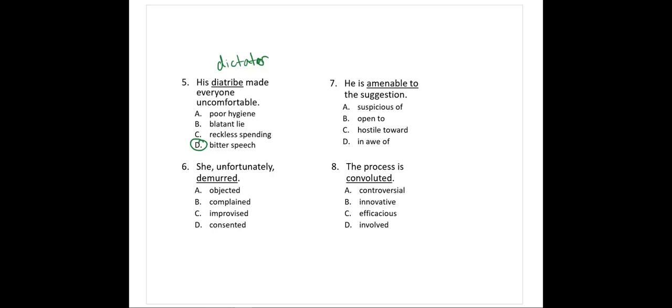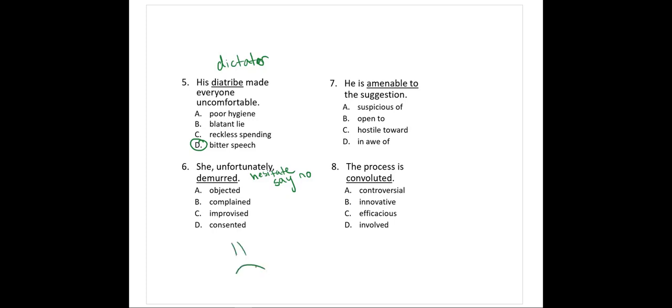Number 6, she, unfortunately, demurred. When somebody demurs, they hesitate or even say no. I always like to imagine I'm asking a beautiful girl on a date. And I say, hey, do you want to go see a movie with me? And then she says no, and I'm like, oh, man.